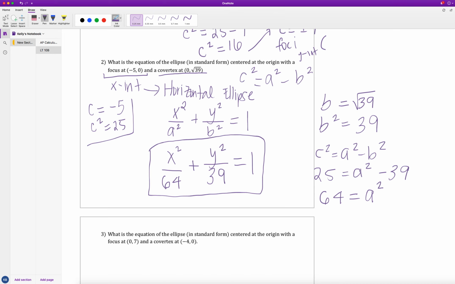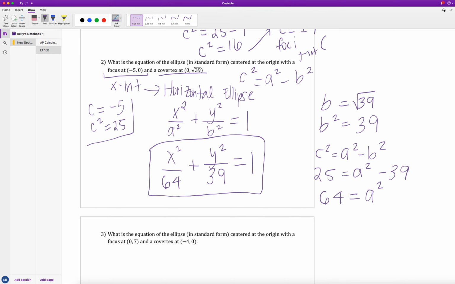Now the key things that we have to pay attention to is this information. So I'm given the focus and the covertex. The reason I chose the focus to look at first is because the focus, or the vertex, but in this case I don't have my vertex, so the focus is always going to be on the major axis. So I want to pay attention to, is the focus an x-intercept or is it a y-intercept?